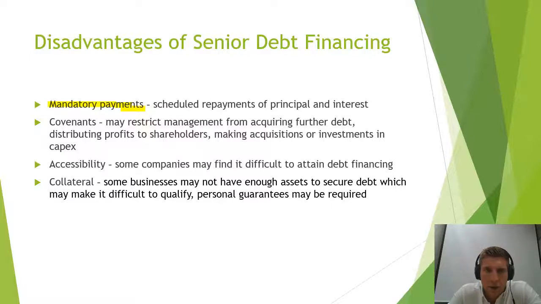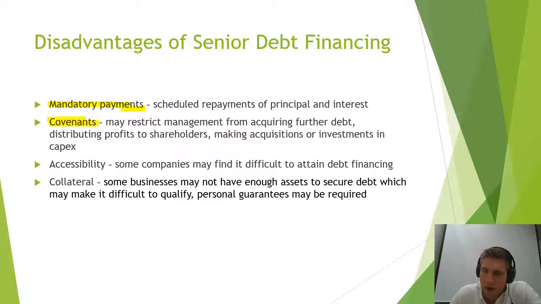The second bullet point down is covenants. So what are covenants? So covenants are an agreement between a business and a lender to not partake in certain activities. Now, covenants aren't always required. They're evaluated on a case-by-case basis.